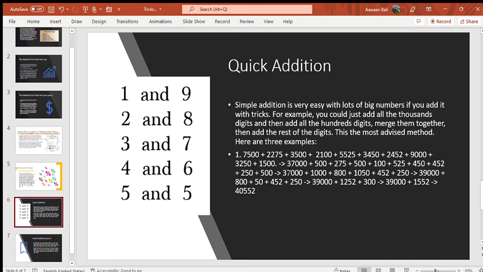Now you could add the 500 with the other 500. You get 1,000.